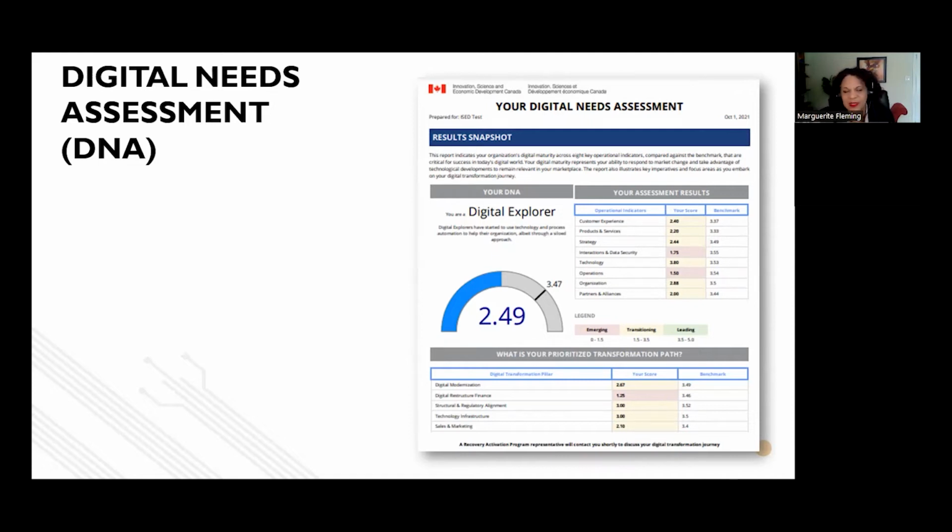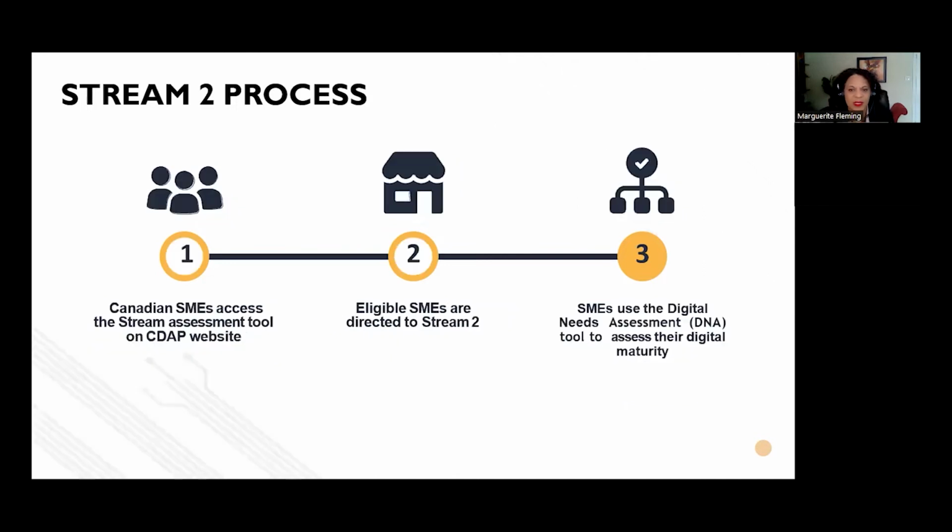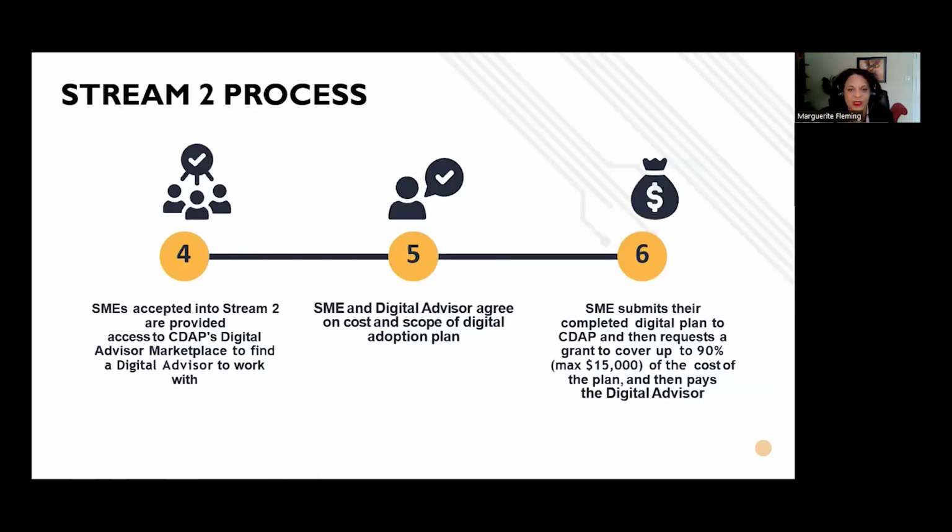Anyway, so you go into the process, you go online, you fill out the application, you do the needs assessment. As soon as you do that, it's quite streamlined. Then you get access to do the plan. So as soon as that is ready, you have been approved, essentially. You can start the work. You do some work with a digital advisor, and you can get compensated for that.